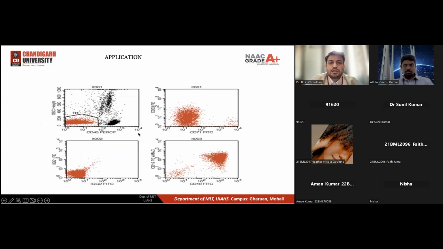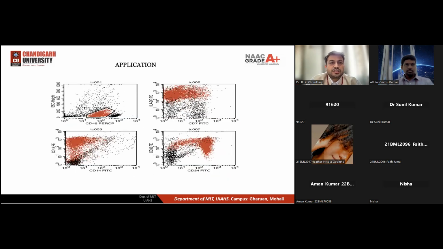So based on the color, suppose this is CD45, you have to sort it. Here you can manually select an area, and then automatically it will show the count. This is part of sorting, and we will discuss later how to use it. This is the side scatter for CD14, CD45. You just click here like this and select the area, and automatically the count will be shown.